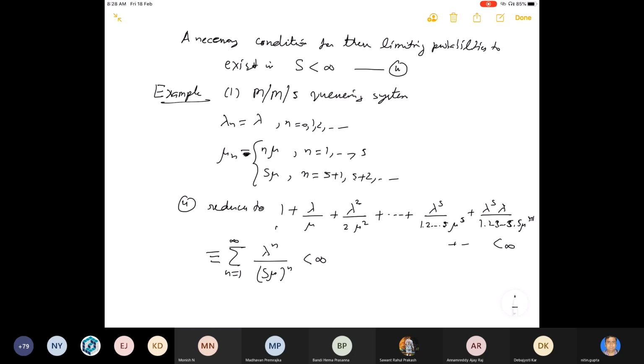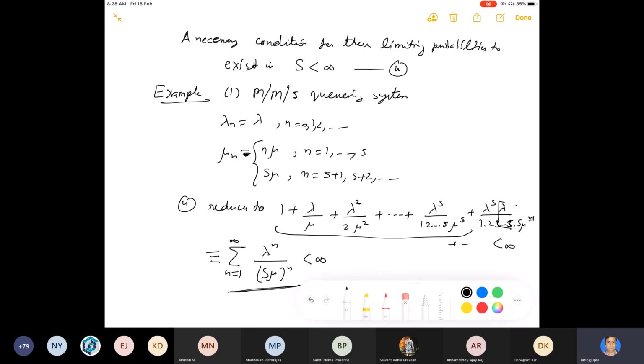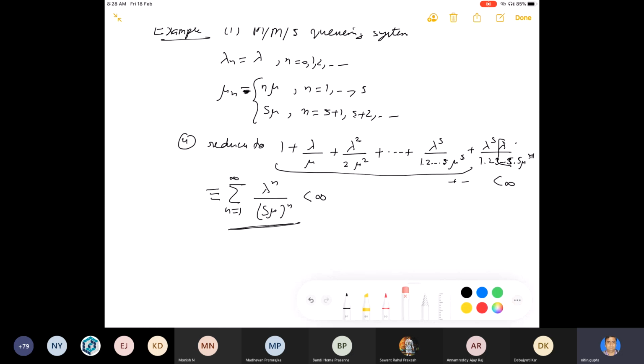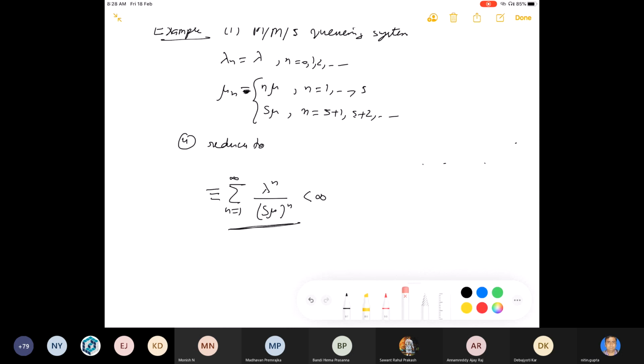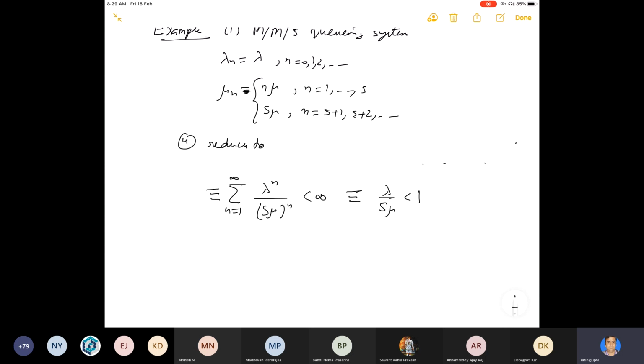So this is finite already, and something common we will take here. We are remaining with this quantity, and if that quantity converges, then this summation will converge. So showing that S converges is equivalent to showing this summation converges, which holds if lambda upon S mu is less than 1. Therefore this is the condition: lambda should be less than S mu for the M/M/S queuing system.